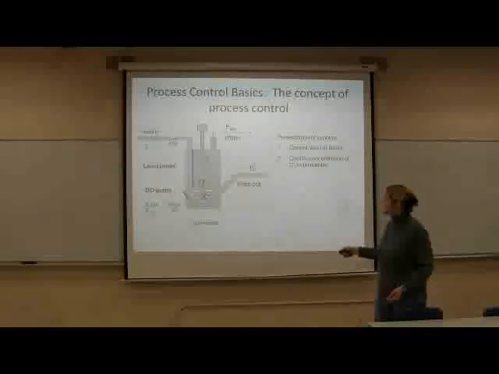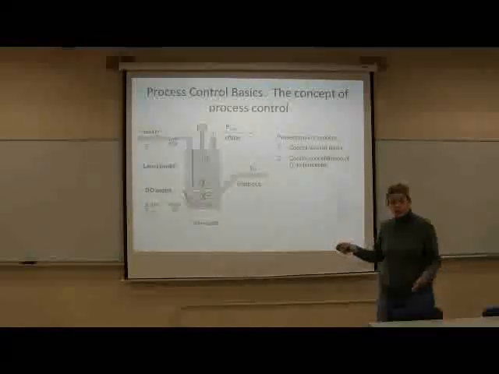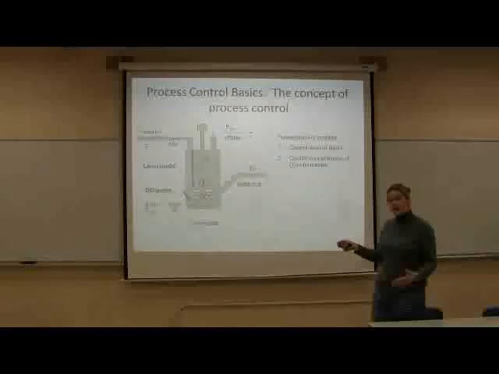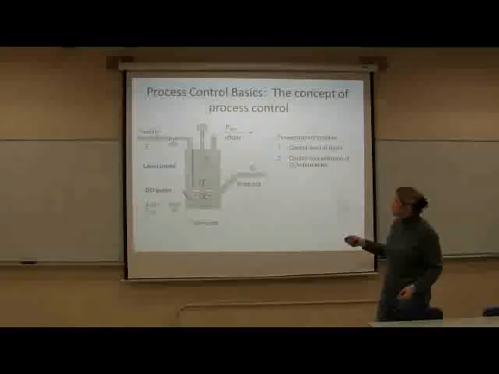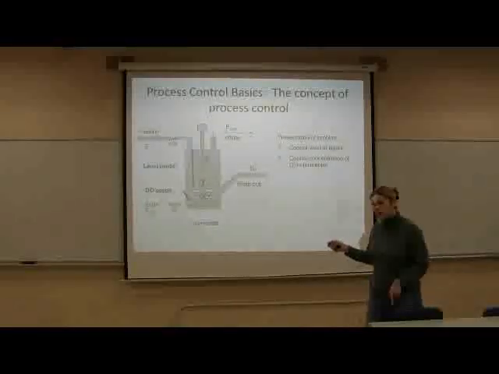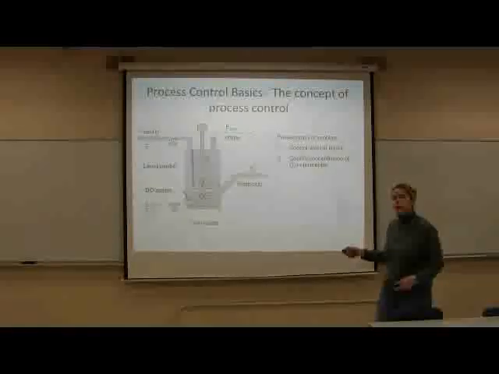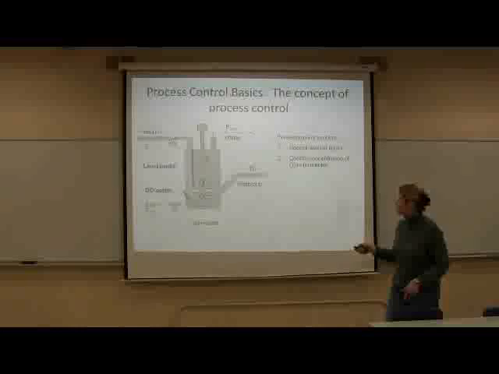Oxygen will diffuse through the end of the probe, so we have a mass transfer calculation that we could do to figure out what's the time constant of our probe. And this is going to monitor the concentration of oxygen that has been dissolved in the liquid. So this is a very important parameter for our process if it is an aerobic bacteria.